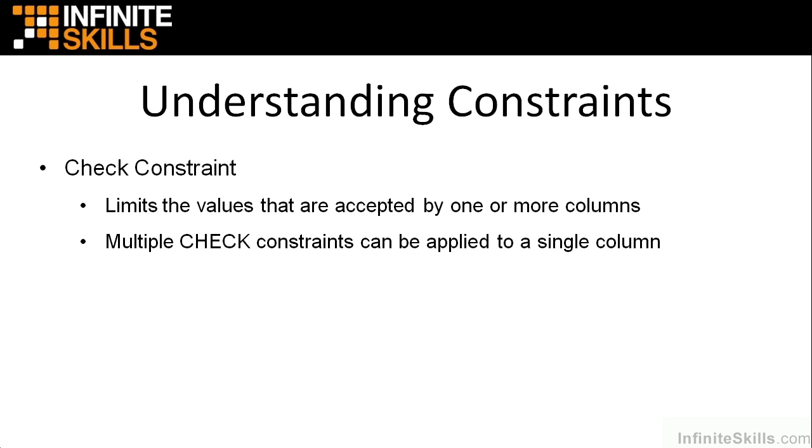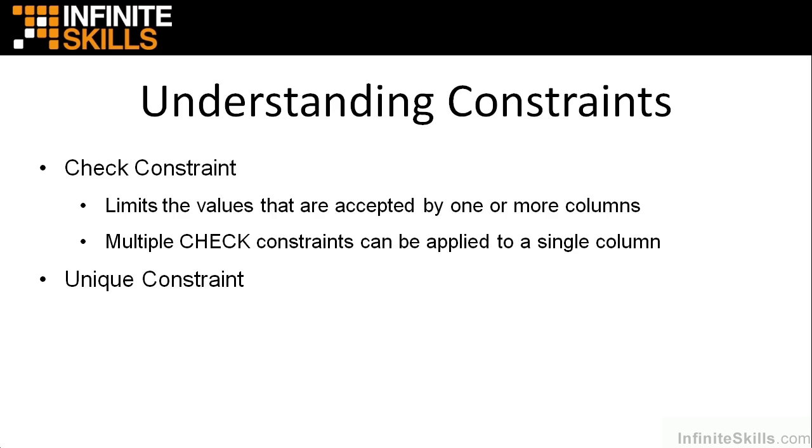If I'm trying to make sure that somebody's putting a zip code in, I can say it has to be at least 5 digits, and each one has to be from 0 to 9. I can do all kinds of things with these check constraints to constrain the data to a certain shape, a certain piece of data, a certain range, all that sort of stuff. And these things can be evaluated out to true or false. There's just a lot of power in these. So the check constraint is the one that you'll see most involved.